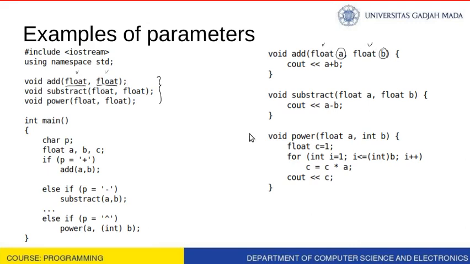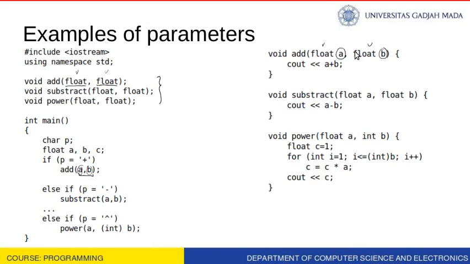And when you call the function, suppose I call it in the main program, then we have to provide the parameters and the number should be the same. So a and b, these are 2 parameters, and this is suitable with the declaration of the function, which also has 2 parameters.